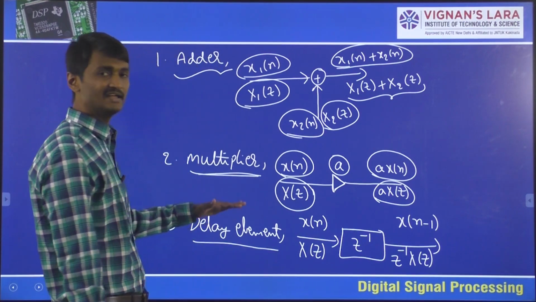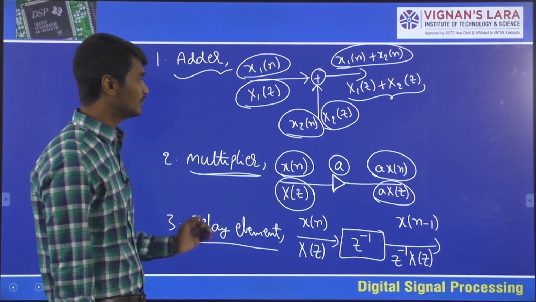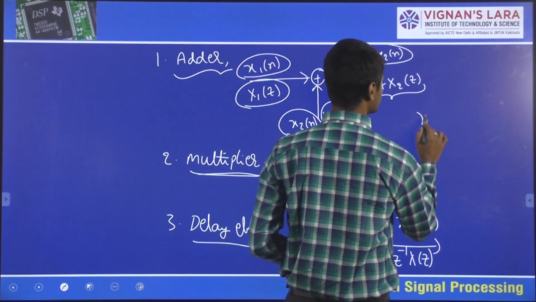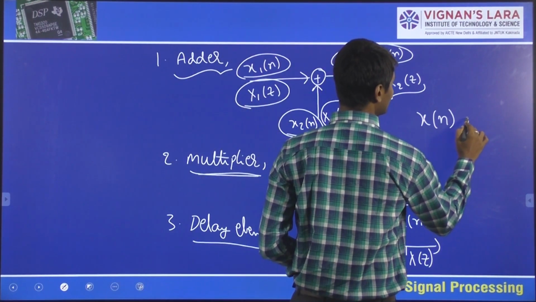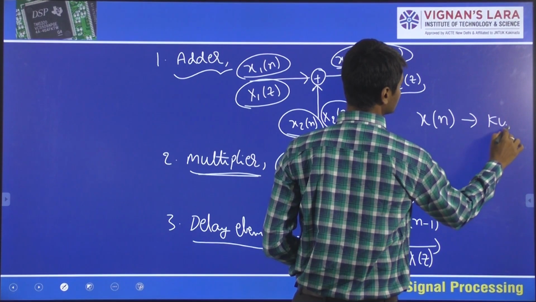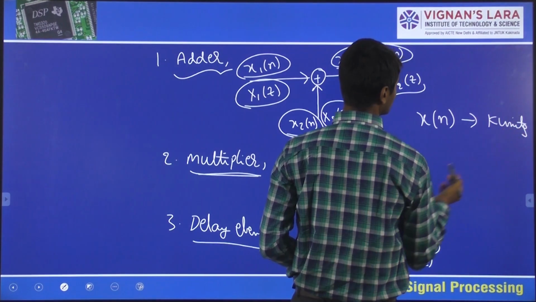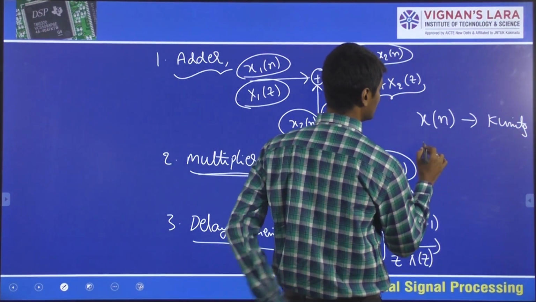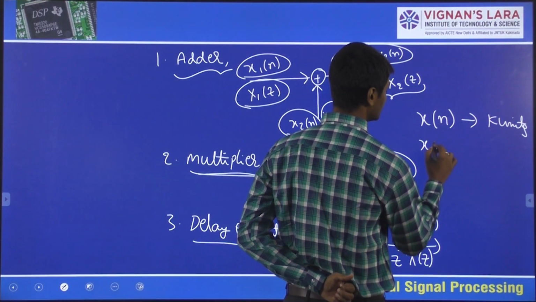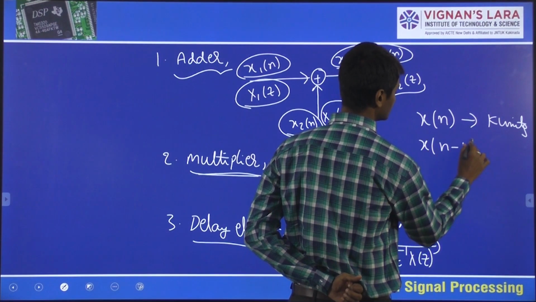Coming to the delay element, we know that if the signal x of n is delayed by k units, that delayed version of x of n is represented by x of n minus k.